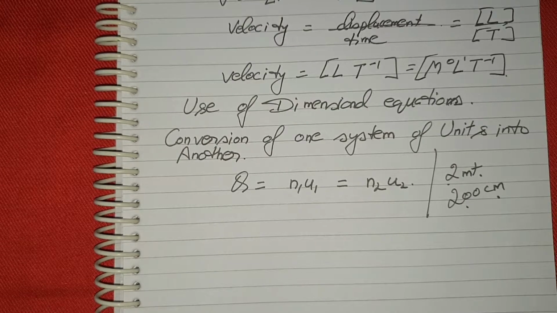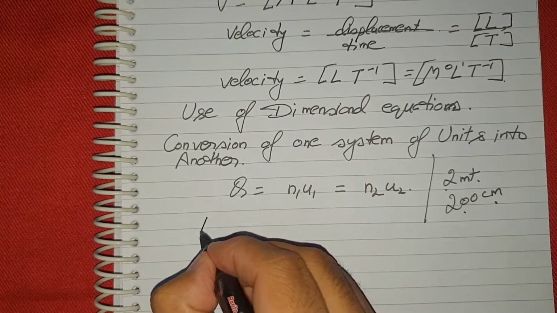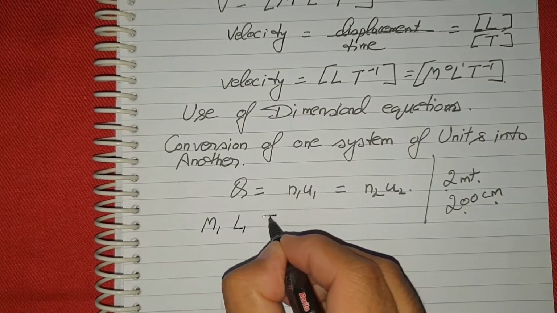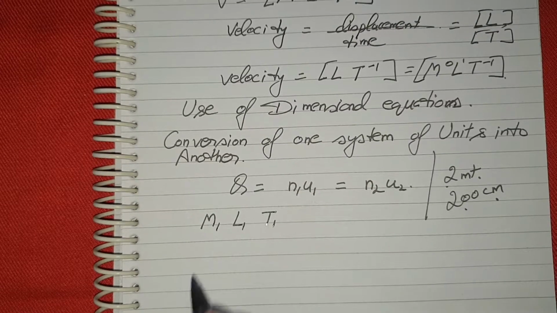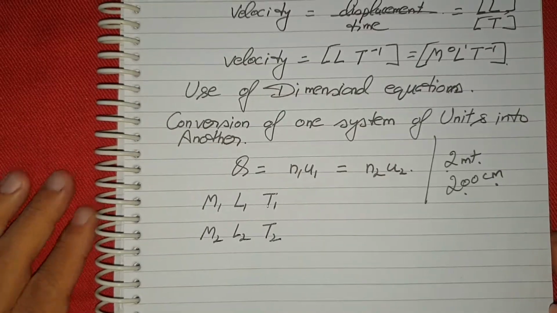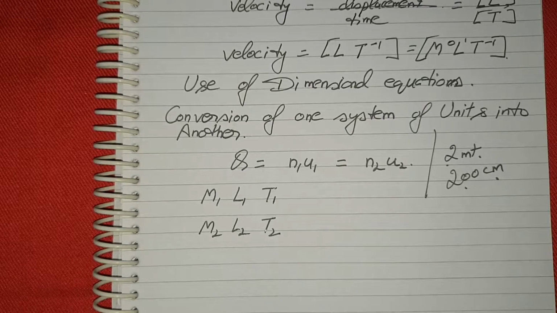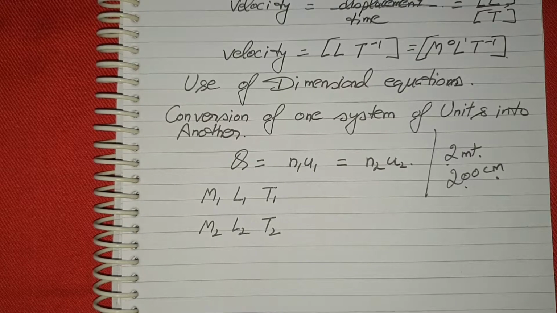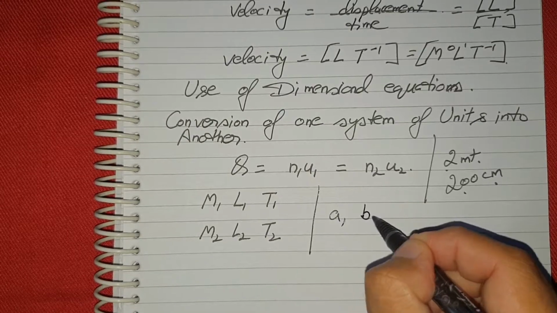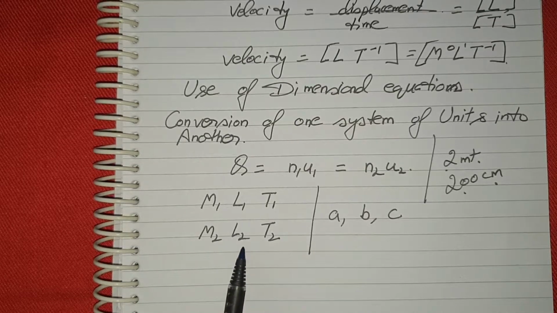Now suppose M1, L1 and T1 are the fundamental units of mass, length and time in one system, and M2, L2, T2 are the fundamental units of mass, length and time in the other system, and let a, b, c be their respective dimensions, raised to the power a, b, c.